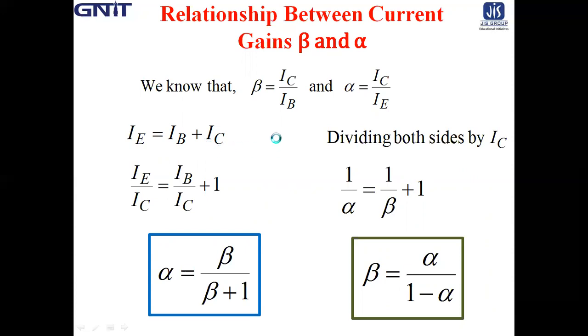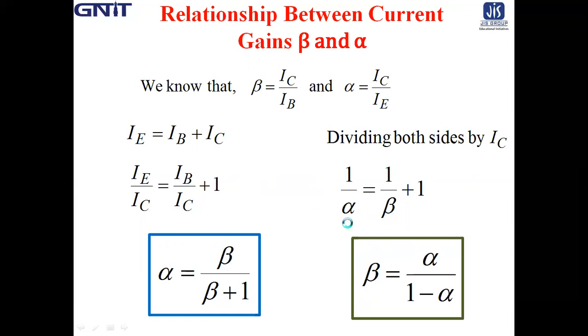Now dividing both sides of this equation by IC, IE by IC equal to IB by IC plus 1. So IE by IC, which is basically 1 by alpha, and IB by IC equal to 1 by beta.